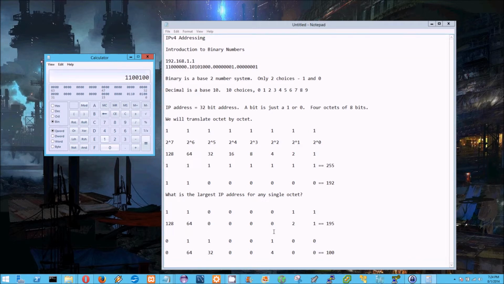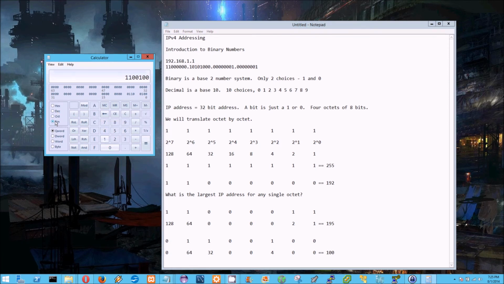So let's look at it from this side. 1 1 0 0 1 0 0. You see, it left off this 0, the trailing 0. And that's what you have to watch out for if you're using the calculator, is that in IP addressing, you keep all the zeros. Even if the whole thing is zeros, you still keep it, because that's how the IP addresses and network addresses and masks and things are calculated. So you need to keep those zeros in, even if the calculator doesn't keep the 0 in.